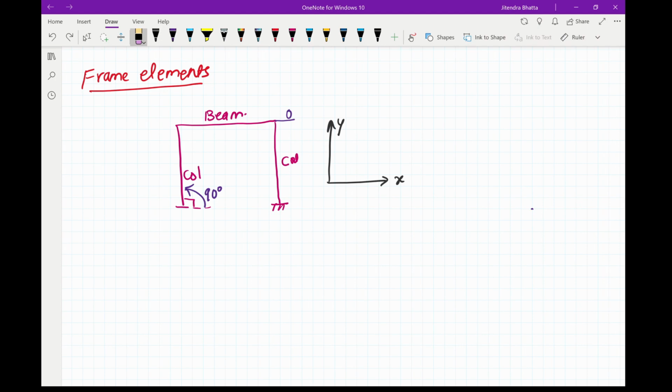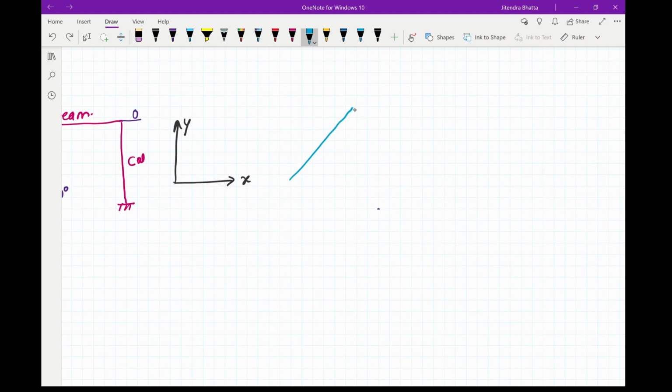In some of the cases, you may get a frame which may be inclined like this. Now here, this is our column, this is a beam, this is our another column. Now here, this angle will be less than 90. Let's say this is alpha, and this column makes an angle of 90 degree with the horizontal, and this beam makes a 0 degree with the horizontal.